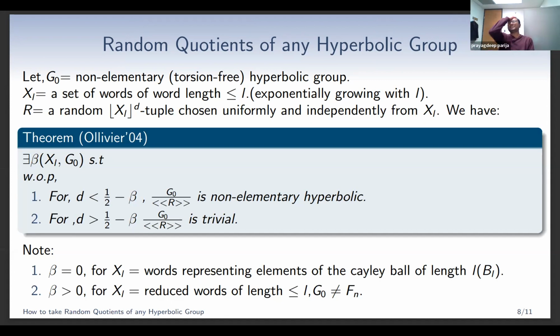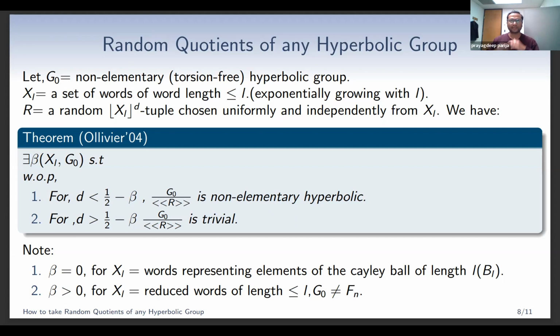Oh, okay, sorry, I see. So I want to look at words that are in one-to-one correspondence with the Cayley ball. For a Cayley ball in a general hyperbolic group, there are many reduced words representing the same element. So when I say words representing the elements, I mean unique words representing the elements. Sort of normal form? Exactly.